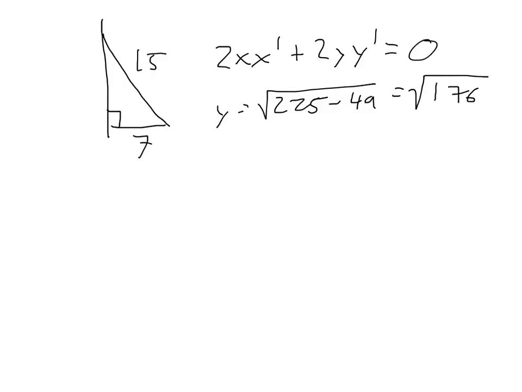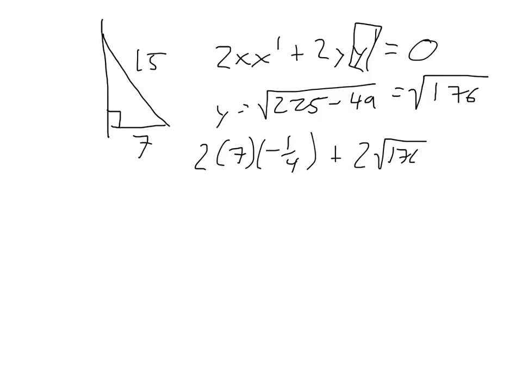So that's my y. Now I have everything I need to solve for y prime. I'm trying to find this value again. So 2 times 7, x prime is still negative 1/4, plus 2 times the square root of 176 times y prime, which is what we're looking for, and that's equal to 0.